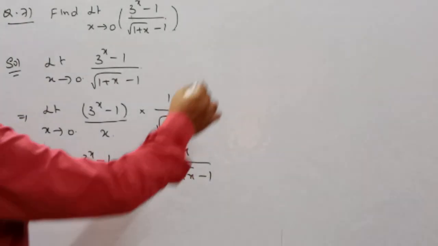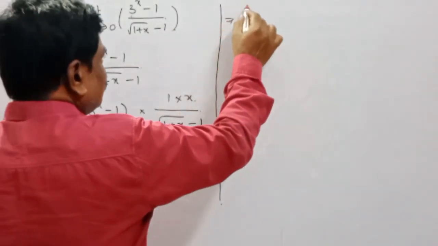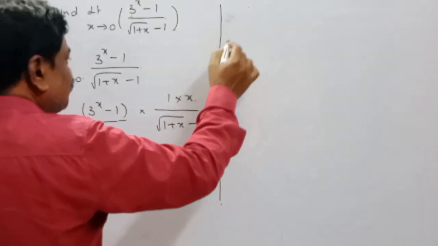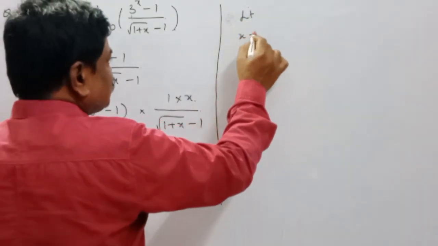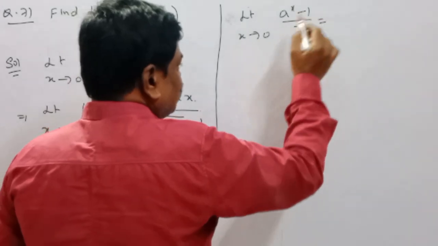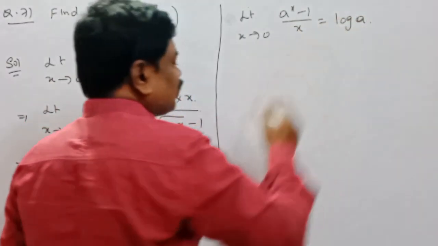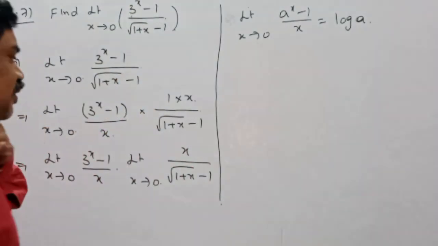So here we know the formula, limit x tends to 0, a power x minus 1 by x is equal to log a. This value is log a.